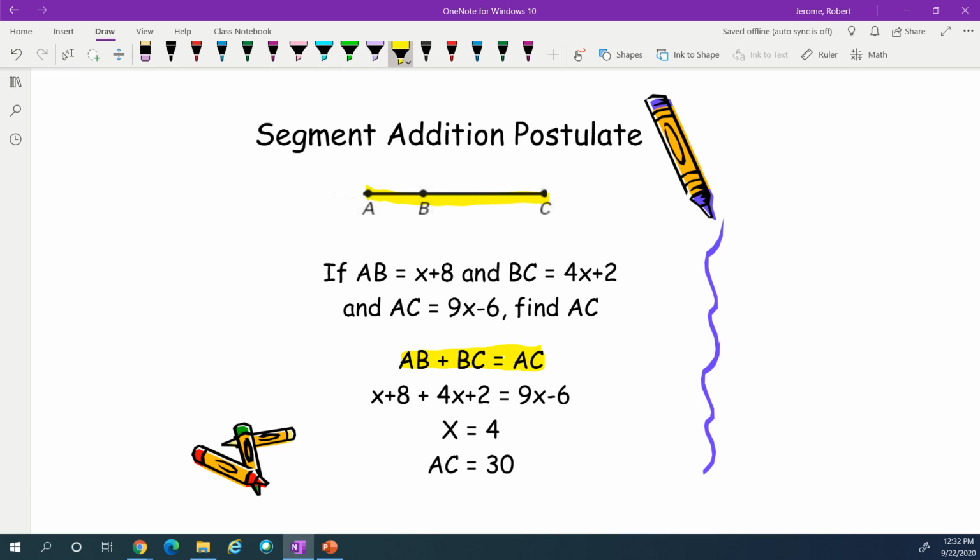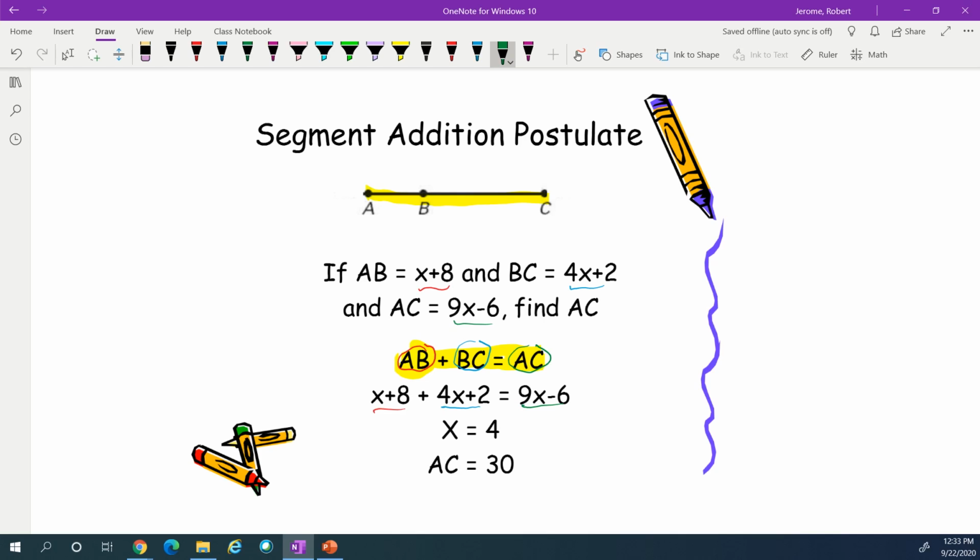So AB, whoops, sorry about that. AB, they gave us x plus 8. For BC, they gave us 4x plus 2. And for AC, they gave us 9x minus 6.